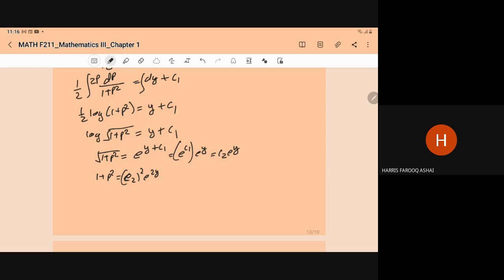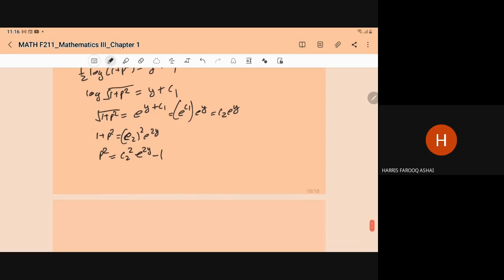Then it can be written as p square is equal to c2 whole square e to power 2y minus 1. So in this case, p will be root of c2 square e to power 2y minus 1.